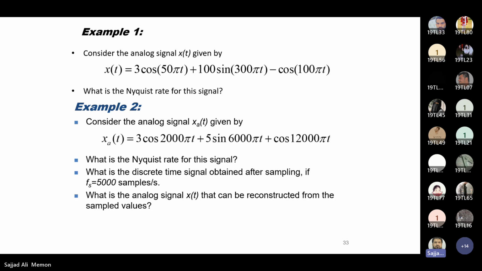Yes, 31 is correct. Second one, 15,000 samples per second. So 15,000 is the answer for the third part, is it?